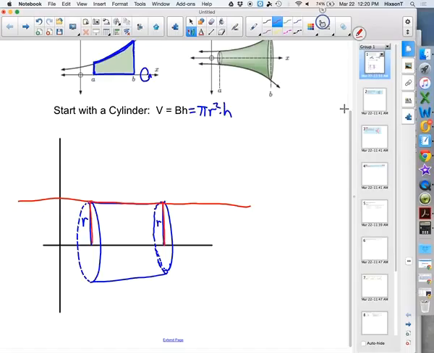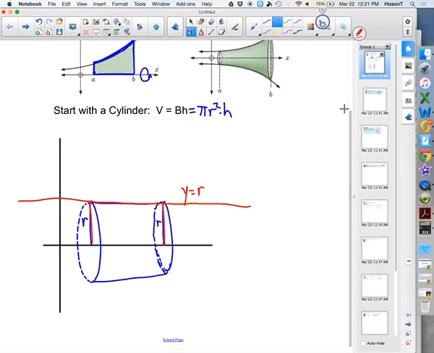What would I use as the equation of this line? It's a horizontal line, right? y equals whatever r is. So I've got y equals r.